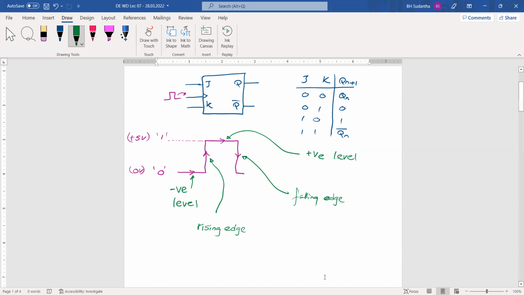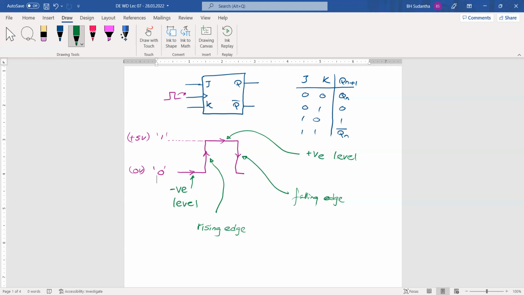If you consider the RS latch, then after adding a certain circuit part there, we have converted that into the JK clocked RS flip-flop. There we definitely changed our output level in the positive level of the clock pulse.